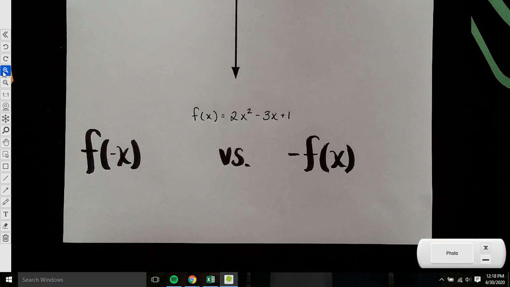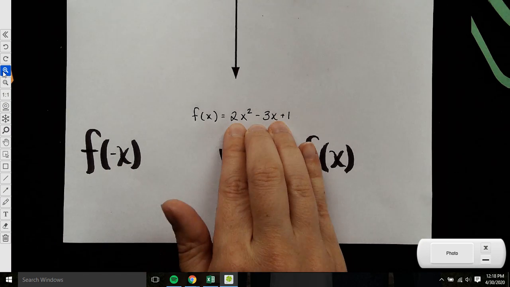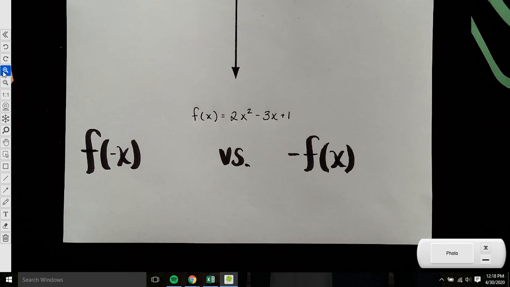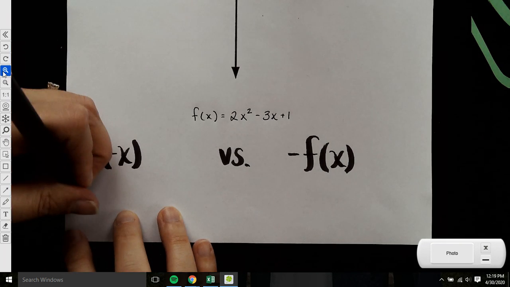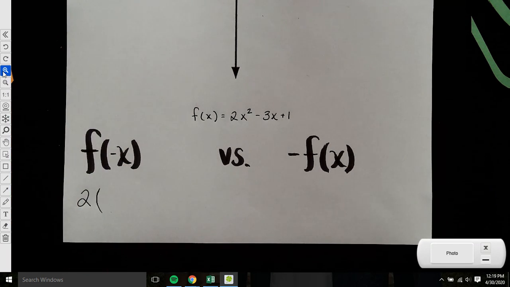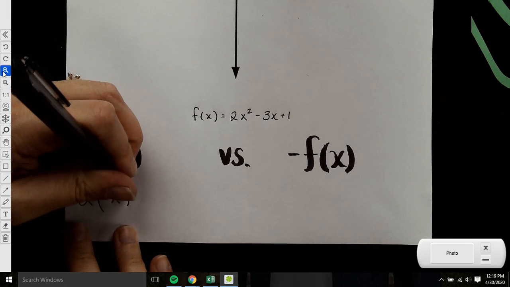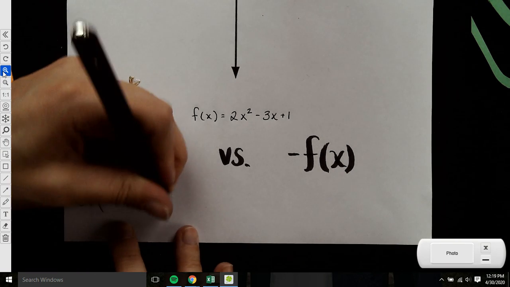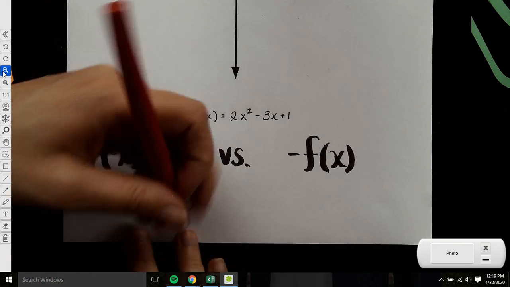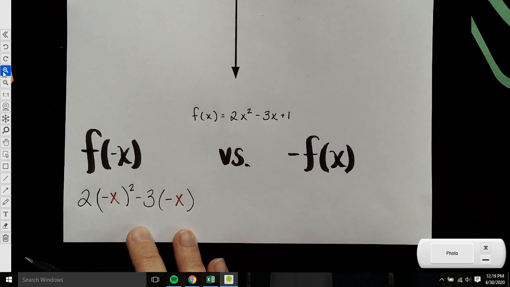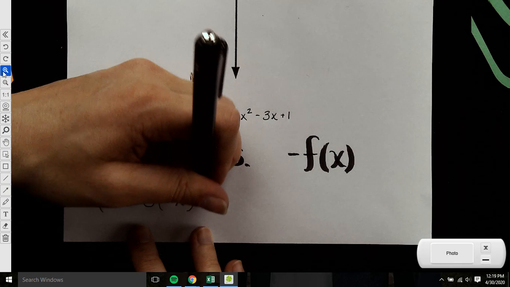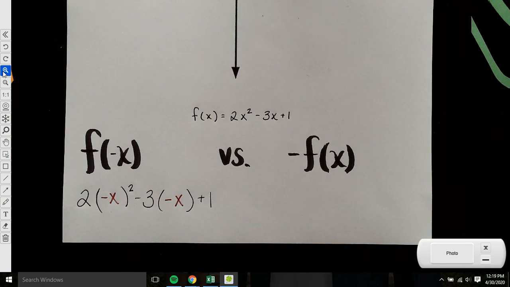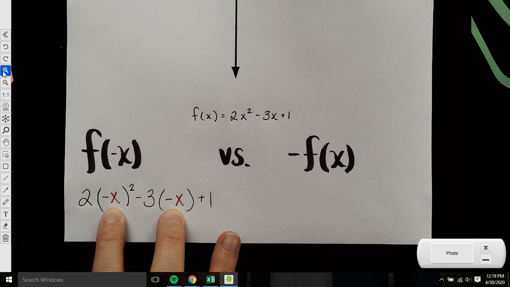Now, if I'm doing f of negative x, that means I'm replacing each x in my original function with negative x. So let's look at what that looks like for this function. That would be 2 times negative x squared, minus 3 times negative x, plus 1. So notice what changes is the negative x's in here.